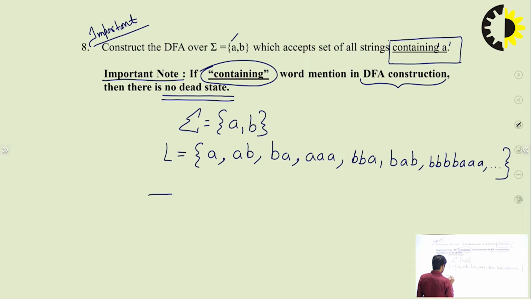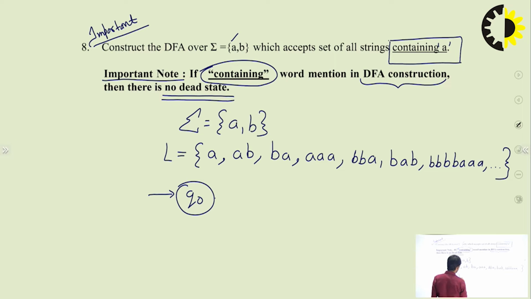We know that there is an initial state, which we denote by Q naught, and this arrow shows the initial state. This arrow does not come from anywhere. It is just a symbolic notation that our automata machine starts from Q naught.